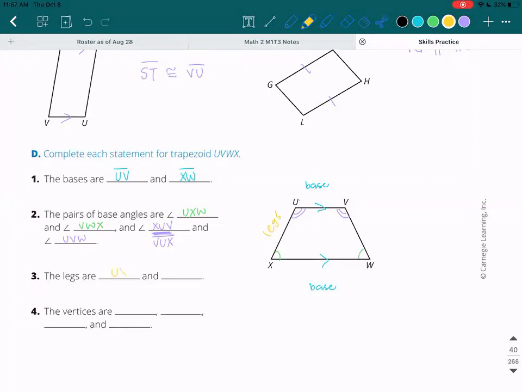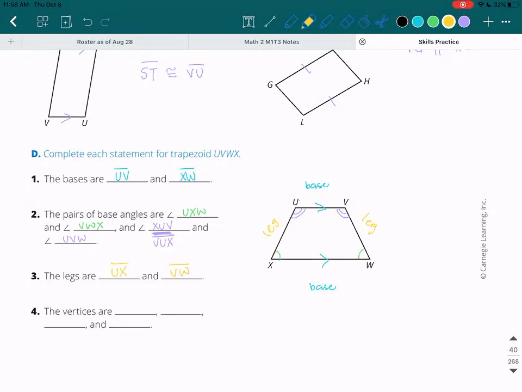UX is one of them. Good. And then the other one? VW or WV, same thing. I shouldn't call it legs plural. That's a leg and the other one's a leg too. So UX and VW, or you could have said XU, WV, same thing.